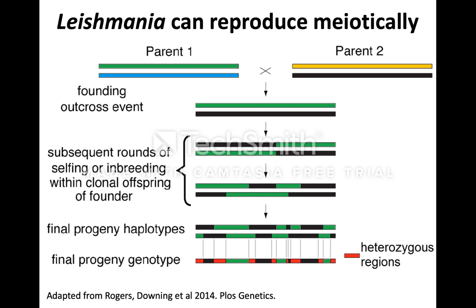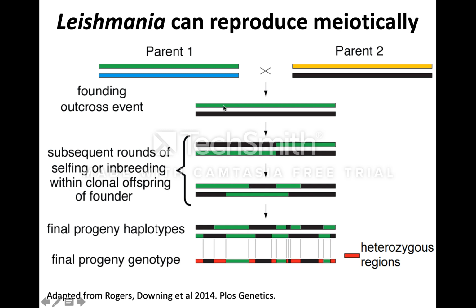So, in terms of the population genetics, it's important to just recap on the process of looking at different types of SNPs inside Leishmania. So if we have 2 parents, represented by a green and blue chromosome here, a yellow and black chromosome here, we have the progeny here shown by a green and black chromosome. If we get multiple rounds of inbreeding among these progeny, what we'll see is a mixture of progeny haplotypes at the end.